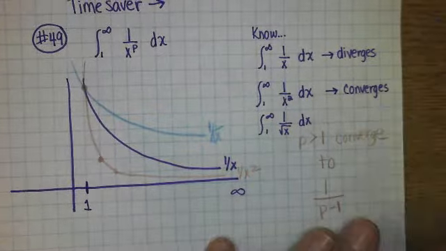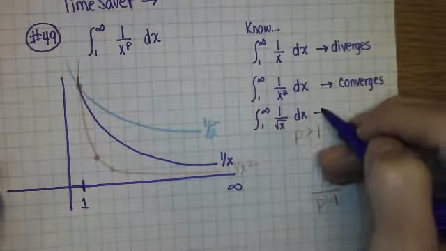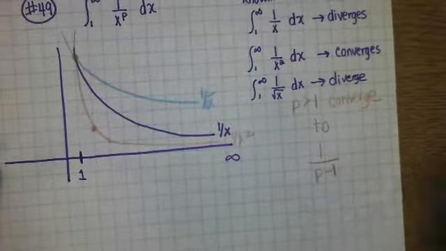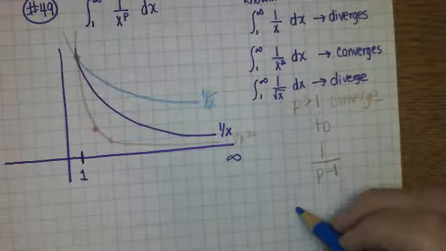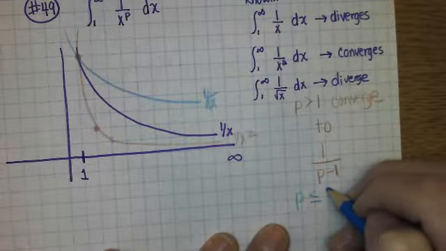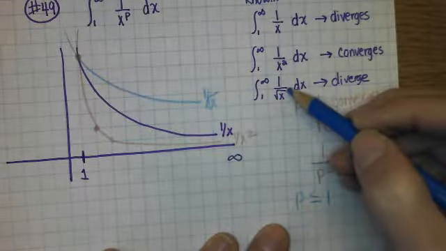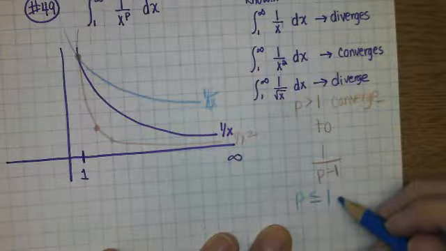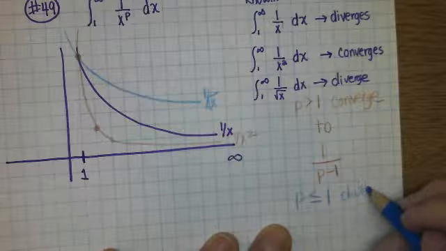So this guy here is also going to diverge. So if p is less than or equal to 1, so if the power is 1/2, 1/3, 1/4, or equal to 1, like that one there, it's going to diverge.